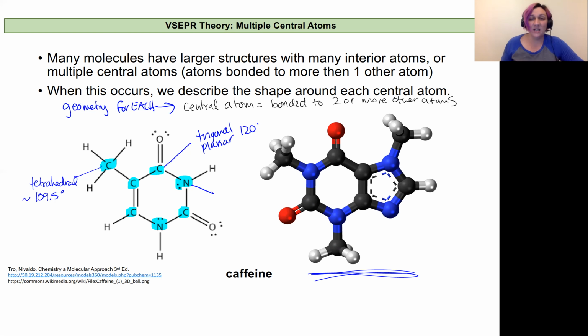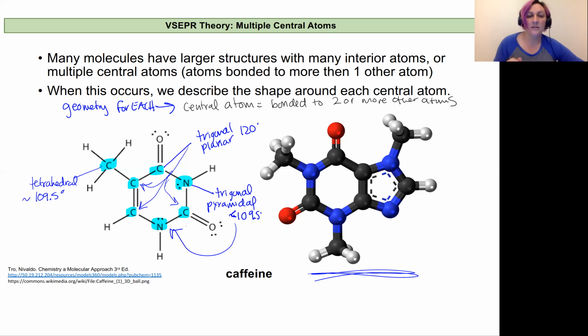This nitrogen right here is bonded to 3 things plus 1 lone pair, so I'm going to expect it to be trigonal pyramidal with a bond angle of, let's say, less than 109.5 degrees. And then we have more of these trigonal planar carbons here and here and here. And we have another trigonal pyramidal nitrogen right there. So I'm going to have to work on this for each individual central atom.